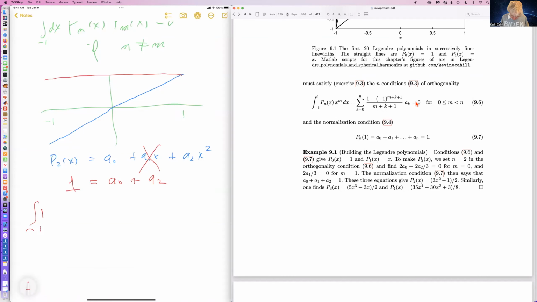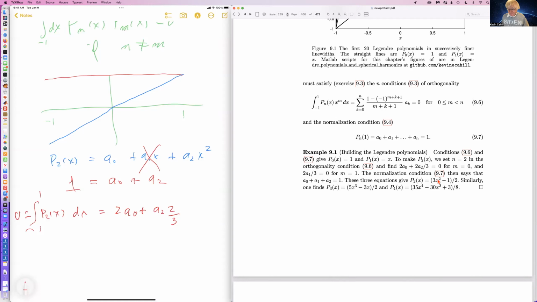In other words, the integral of P2 of x from -1 to 1 dx has to be 0. And so that is 2 times A0 plus A2 times the integral of x squared, which would be 2 over 3. So that's this condition here.